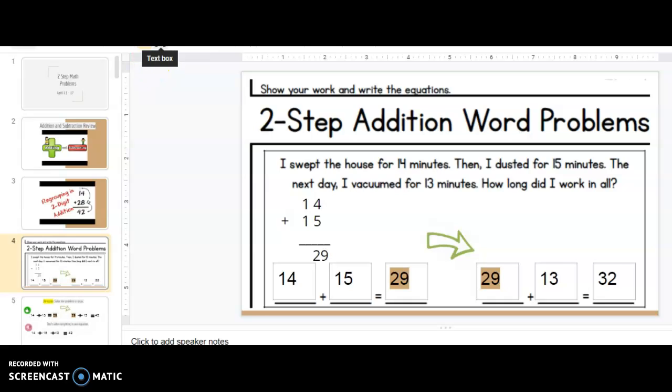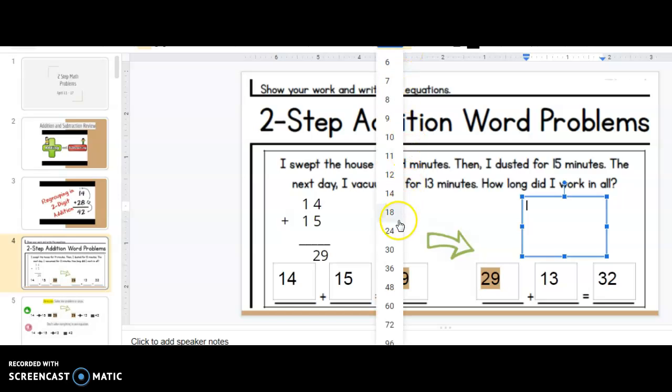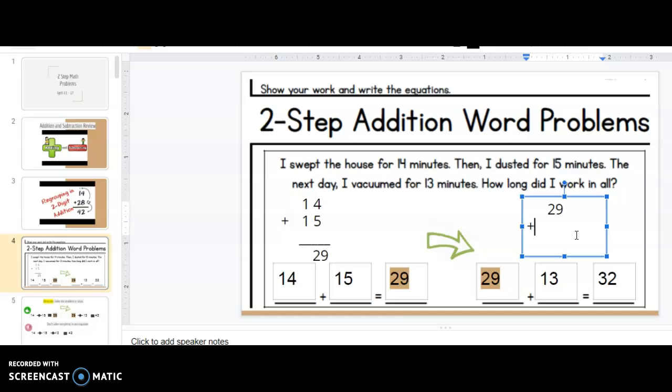And once again, on your scratch paper, the paper that you're working on, let me try. Oh, there we go. Uh-oh, how do I fix this? Okay, there we go. The first number we're writing is 29, plus our second number is 13, equals.